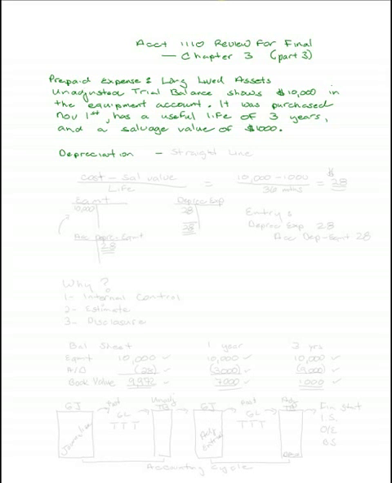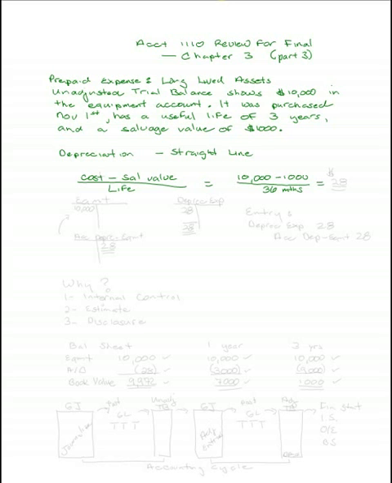The book taught you how to do a method of depreciation that you might recall is named straight line. And the formula for calculating it was to take cost, subtract salvage value, and divide that by the life of the equipment. In our example, we have $10,000 cost minus $1,000 salvage value, and this equipment will last for 3 years or 36 months.